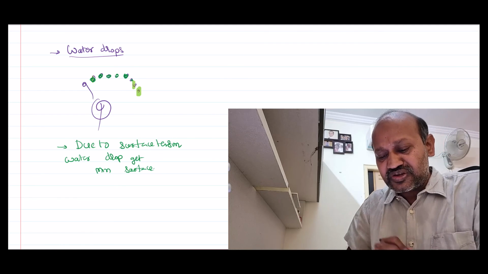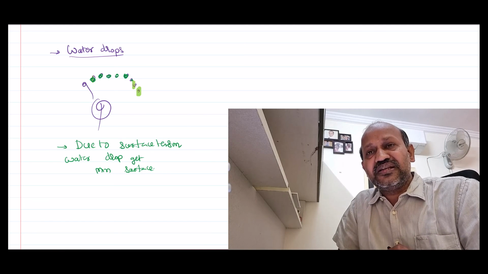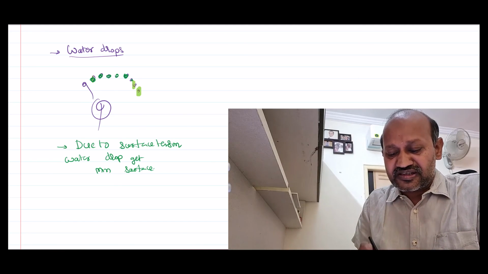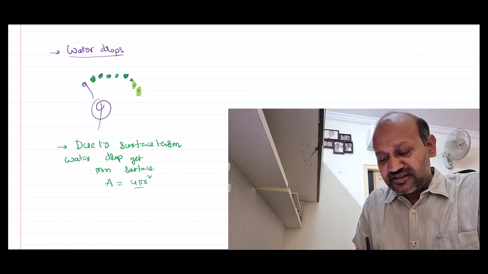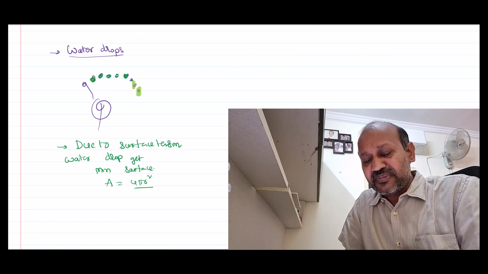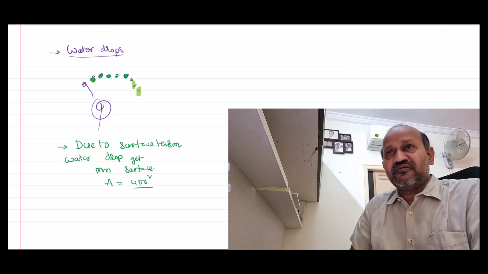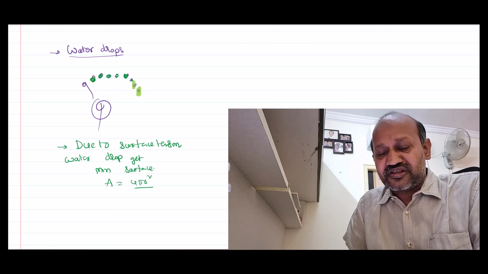So in three dimensions, among all the shapes, the minimum surface area is had by the sphere. The surface area of a sphere is equal to 4 pi r squared, where r is the radius of the sphere. Among all the shapes, the sphere has the minimum surface area. That's why a water drop always acquires a spherical shape, not any of the other shapes.